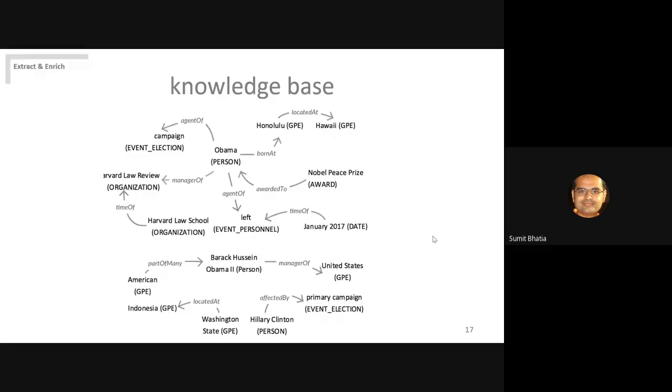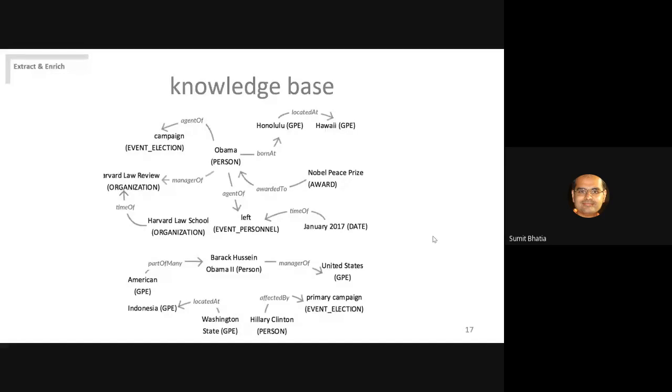Why is that? Because obviously in the first sentence, it was just mentioned as Obama. The system figured out that Obama is a person. But in other sentences, he was mentioned as Barack Hussein Obama. Now the system doesn't know that Obama and Barack Hussein Obama are the same person. It's just smart enough to figure out that Barack Hussein Obama is a person, right?